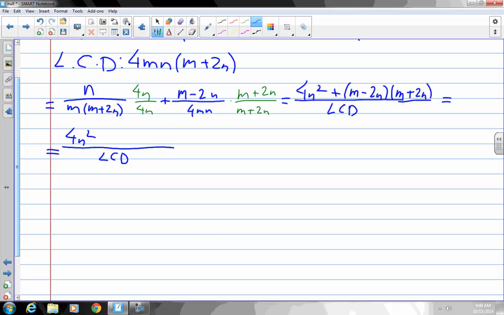I want to have my numerator factored, and in order for me to factor my numerator, I do have to open up all the parentheses, because it's not factored yet. Is there a quick way to multiply m minus 2n by m plus 2n? What is that equal to? Difference of squares. You square the first, you square the last with the minus in between. That's your difference of squares formula, right? (a plus b)(a minus b) is a squared minus b squared.